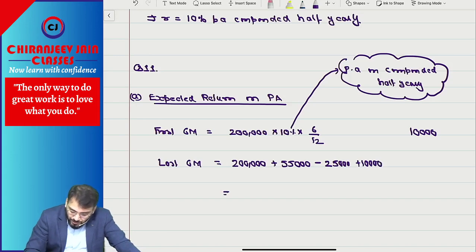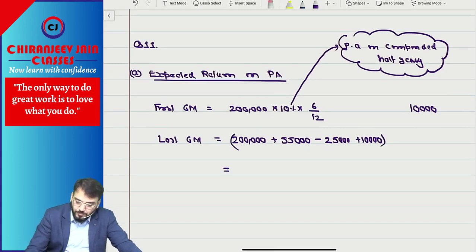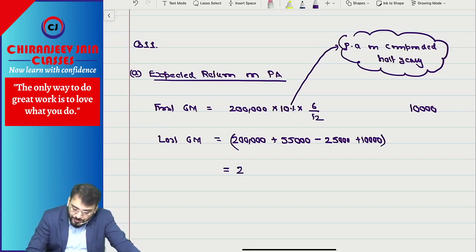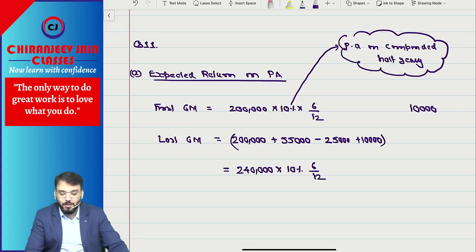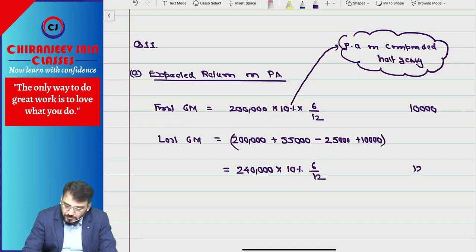How much is this total coming? 2,40,000 into 10% into 6 by 12. How much? 12,000. What is the total?